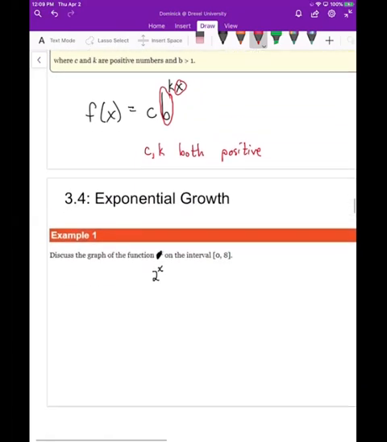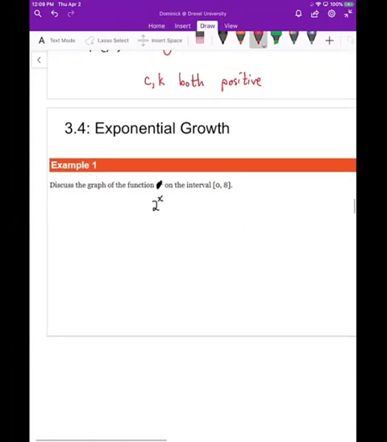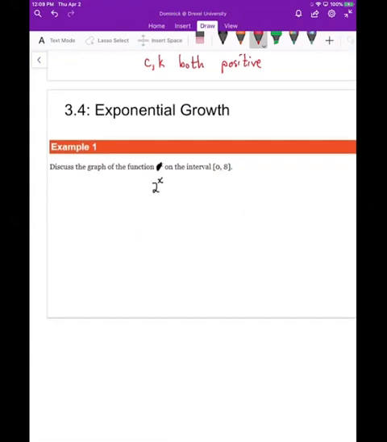Now let's look at an example that we've looked at a bunch of times already. We want to look at the graph of 2 to the x on the interval 0 to 8. Let's look at 0, 1, 2, 3, 4, 5, 6, 7, 8. And we'll see that this sort of gets out of control pretty quickly.